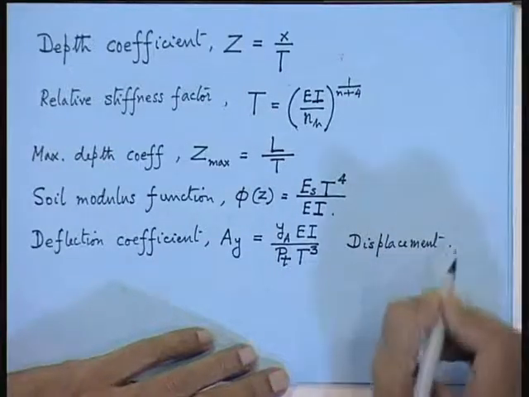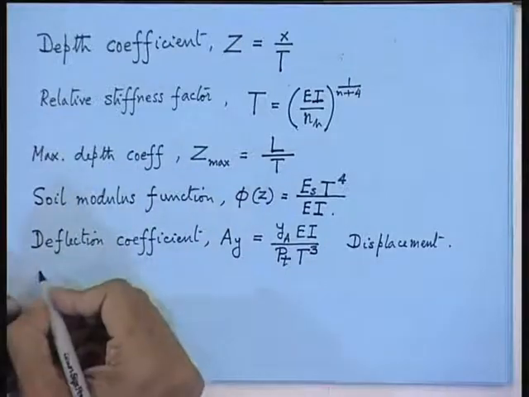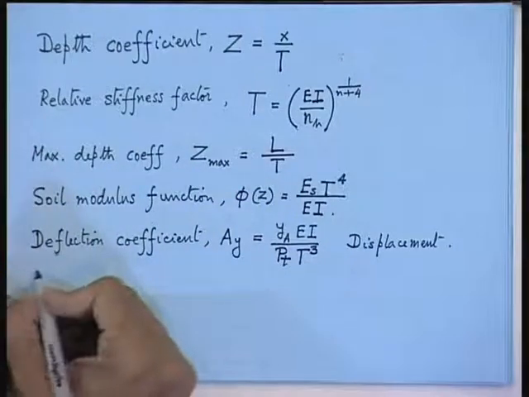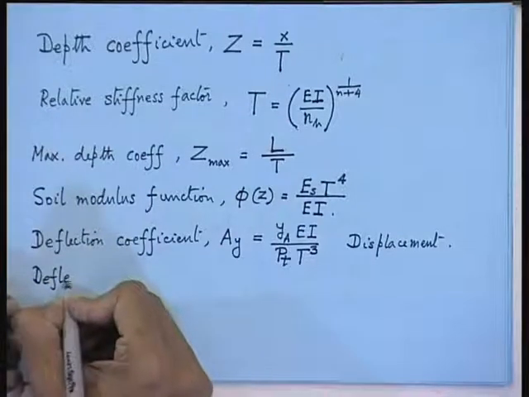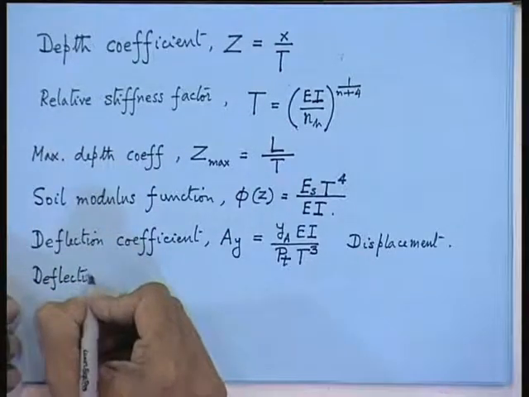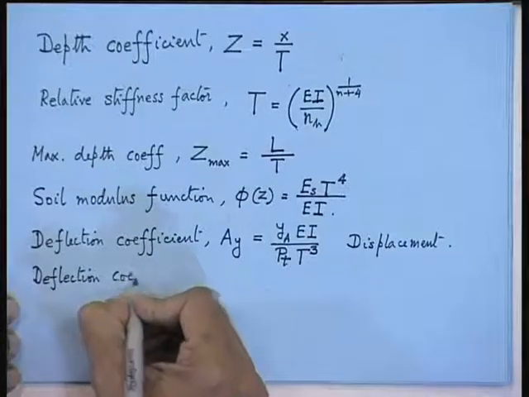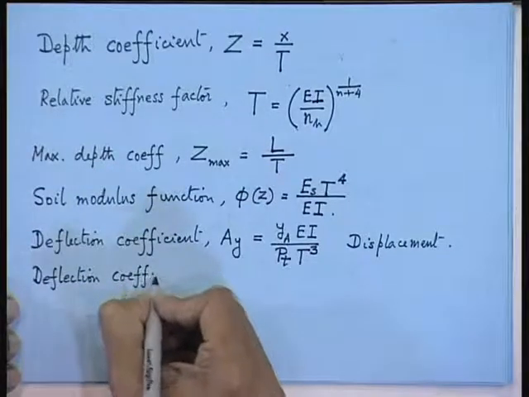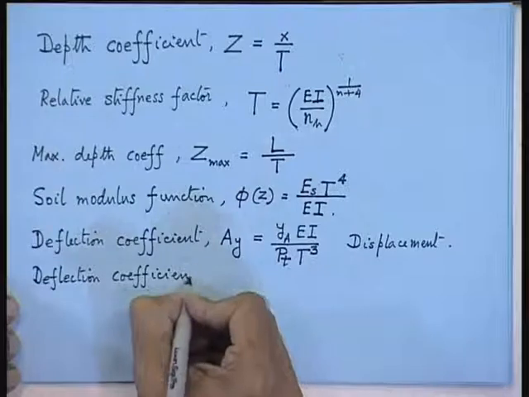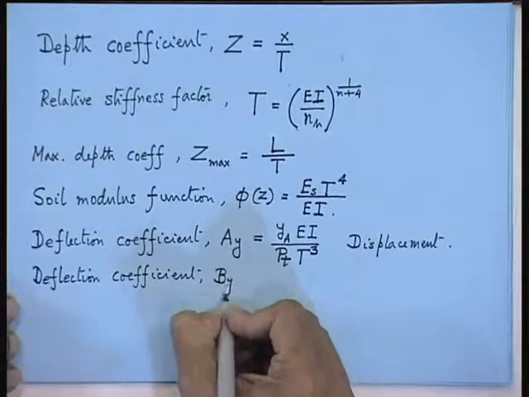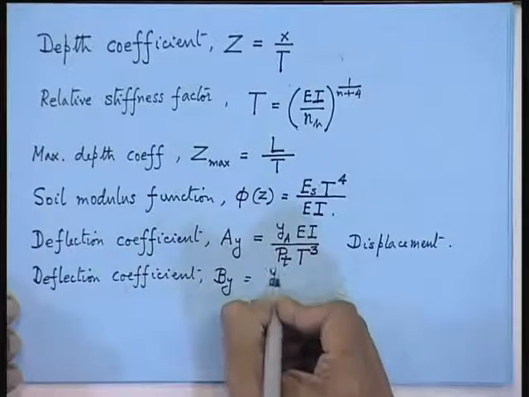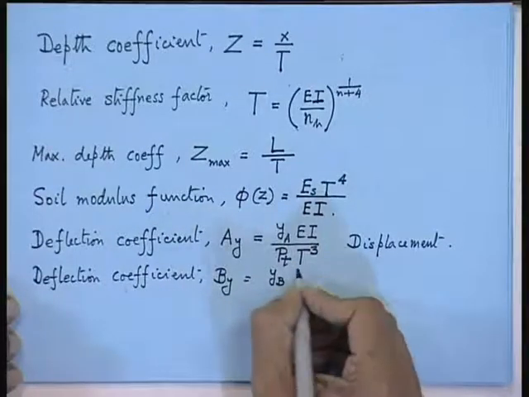Now, there will be another type of deflection. This is given as YB.